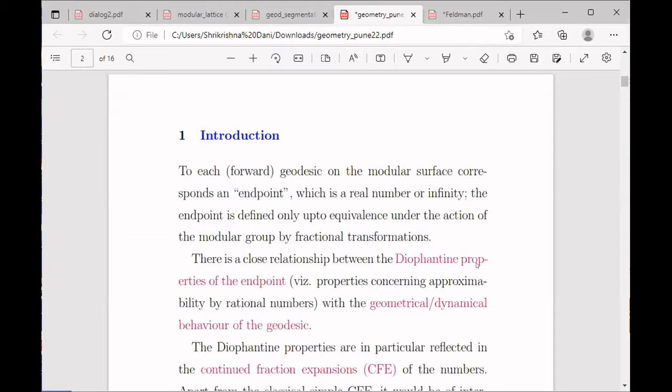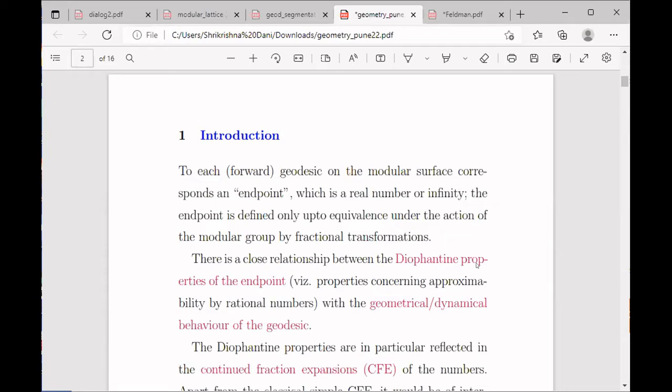Now, on the modular surface, I'll have some diagrams from the next page, but for the moment, to give the first introduction, let's just use the diagram-less formulation. We're going to talk of geodesics, and it would be convenient to look at just one side of a geodesic, and we prefer always the forward side.